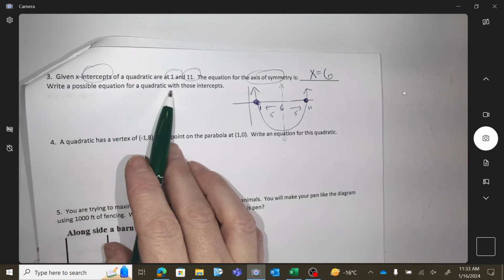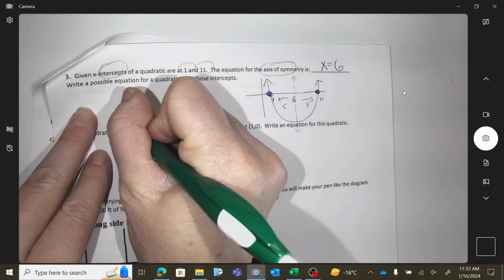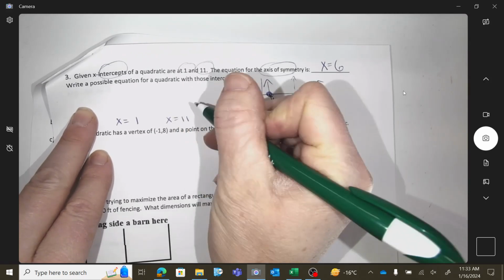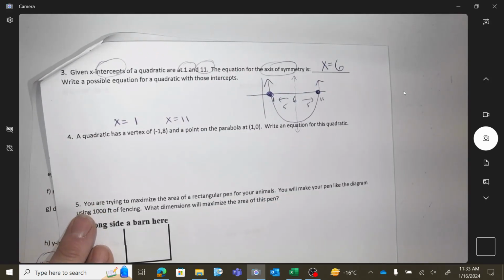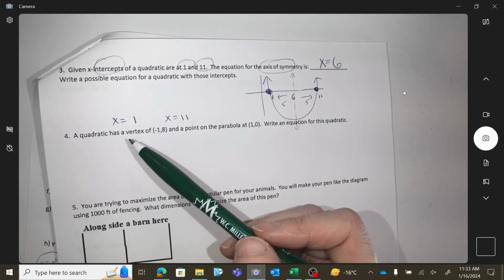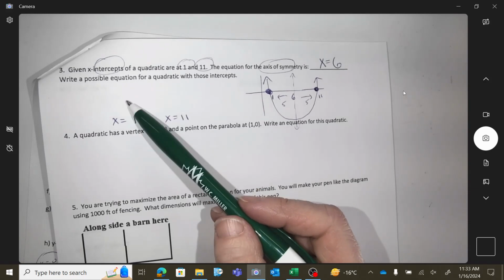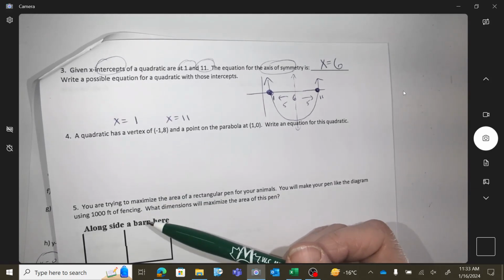Write a possible equation. So if I had an x-intercept at 1 and an x-intercept at 11, what kind of process gives us an x-intercept? What are we always doing, and then at the end we get x equals this? We've done it a million times. What's the process called that gives us an x-intercept?